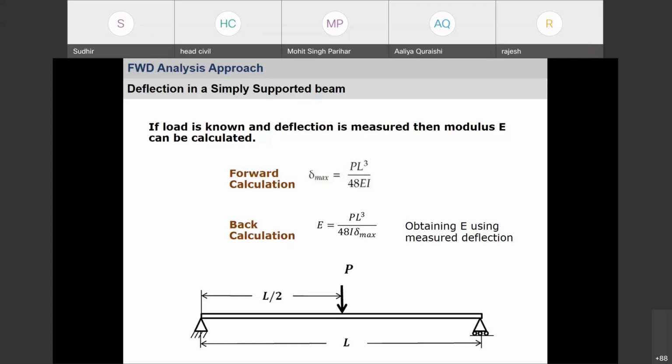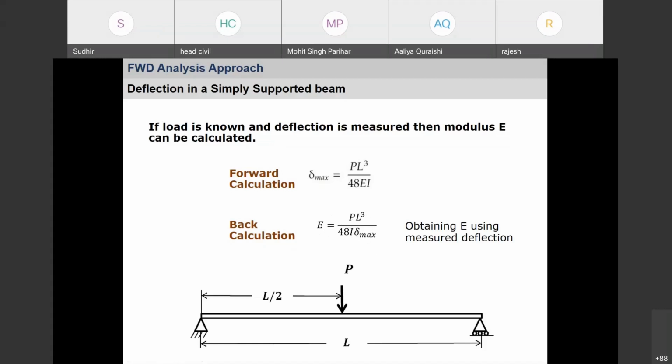Now, if you do some mathematical rearrangement and bring E, which is the modulus value, on the left hand side, then if you know the P, L, and I values, and you have measured the maximum deflection of the simply supported beam, you should be able to calculate the modulus value by plugging in the numbers.